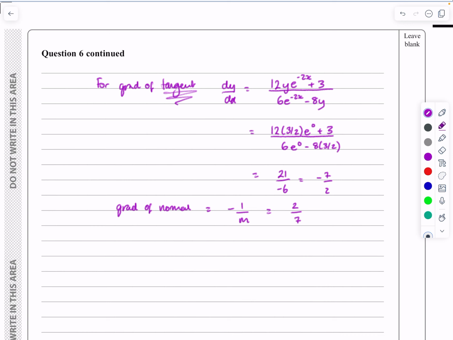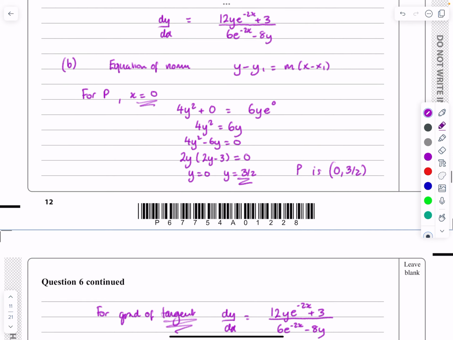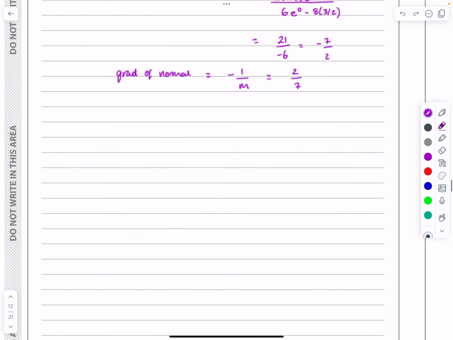So I've now got everything that I wanted. In fact, I'm going to write that out again. I'm going to say y minus y1 equals m(x minus x1), and I'm actually going to tell the examiner x1 was 0, y1 was 3 over 2, and my m here was 2 over 7.